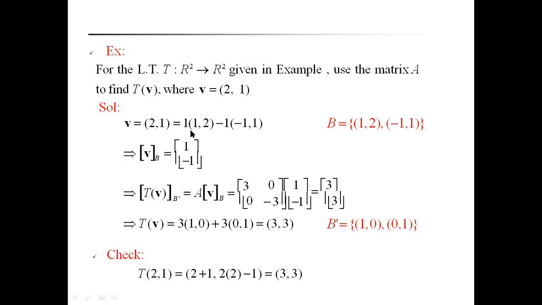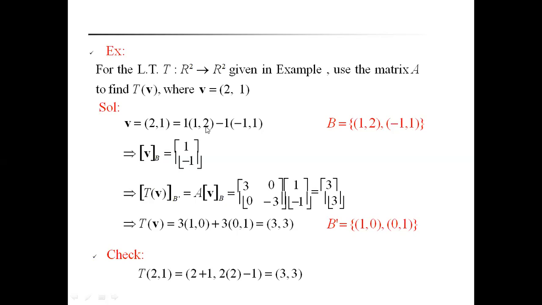The basis B is {(1, 2), (-1, 1)}. That's why (2, 1) can be written as a linear combination of the vectors of B. Therefore, 1 times (1, 2) minus 1 times (-1, 1). See here, 1 times 1 minus 1 times -1 gives 2.